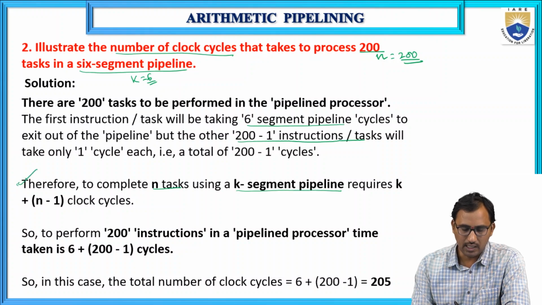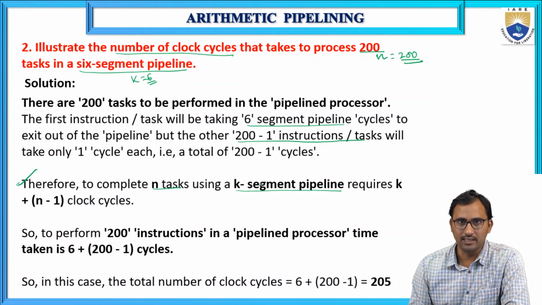This is a generalized expression for n tasks and k segments. So here n is 200 and k is 6.